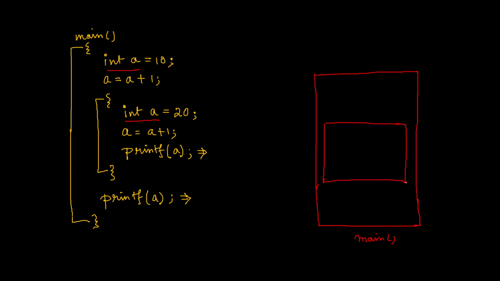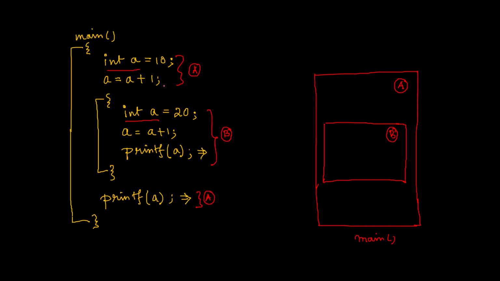Now as I have written the code, just assume that these 2 lines should be present somewhere here, these lines somewhere here, this line somewhere here again. So if I name this scope A and this scope B, these 2 lines belong to A, these 3 lines belong to B, and this line again belongs to A, outside this one, right?